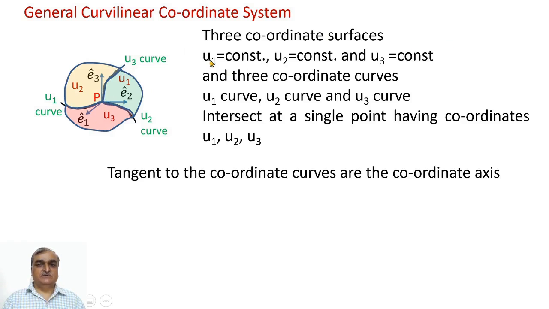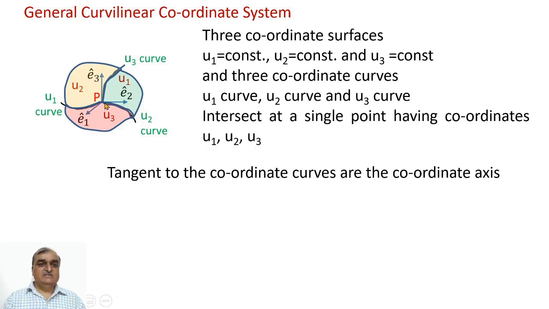These three coordinate surfaces and three coordinate curves intersect at a single point, which has coordinates u1, u2, u3, as we have seen in the previous lecture.